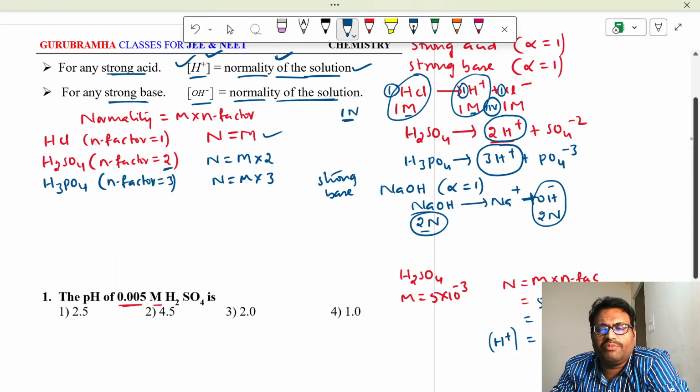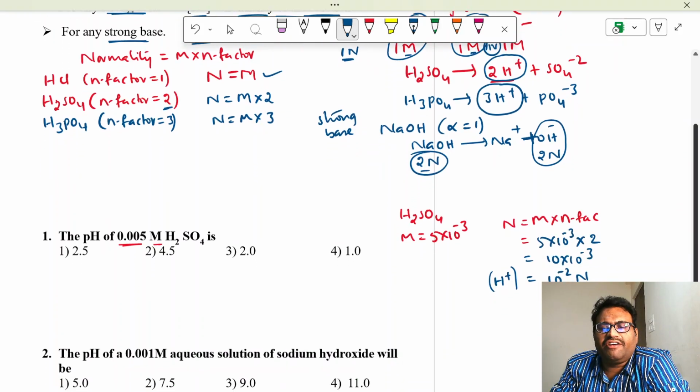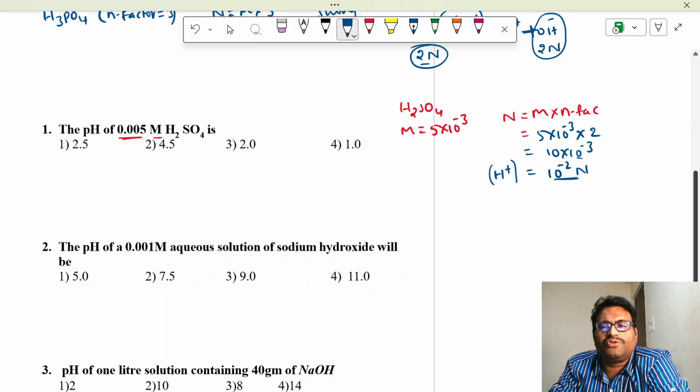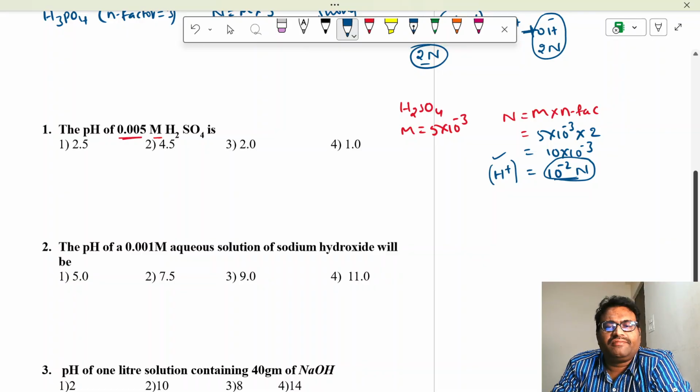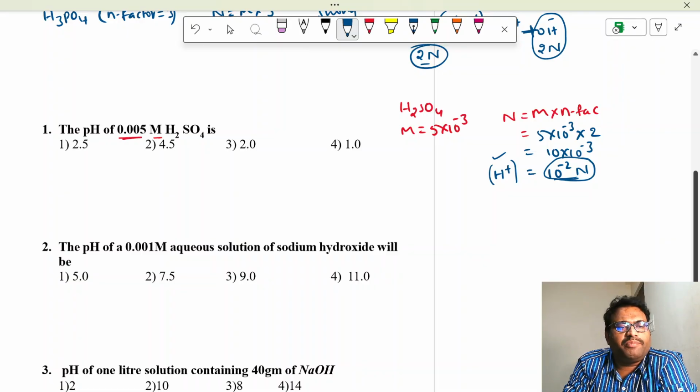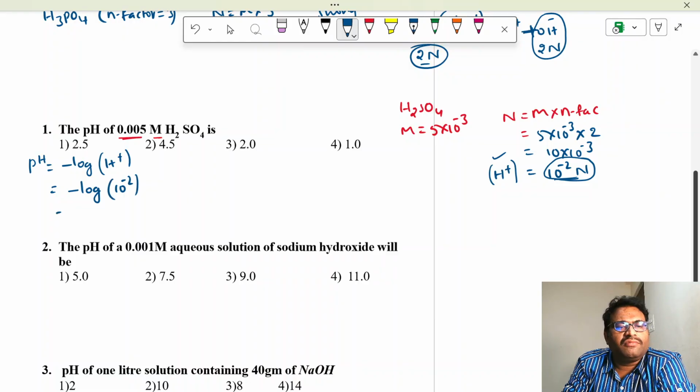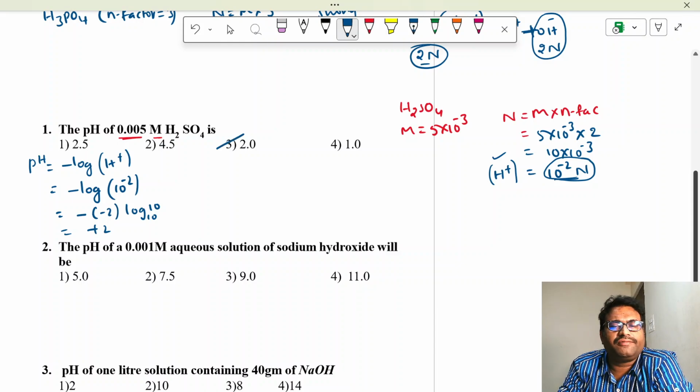Here the normality of H2SO4 is 10 power minus 2, and that will be H+. pH is equal to minus log of H+ ion concentration, that is minus log 10 power minus 2, that is equal to minus of minus 2 log 10 base 10, that is equal to plus 2. So pH is 2.